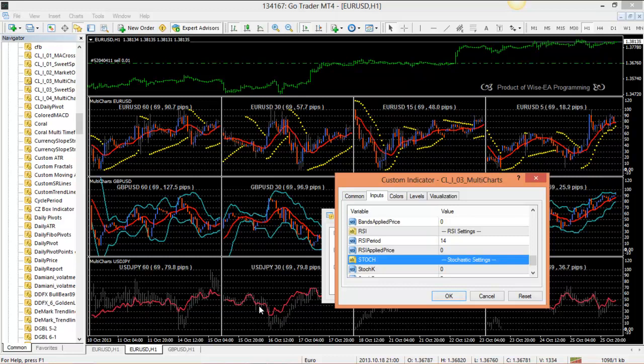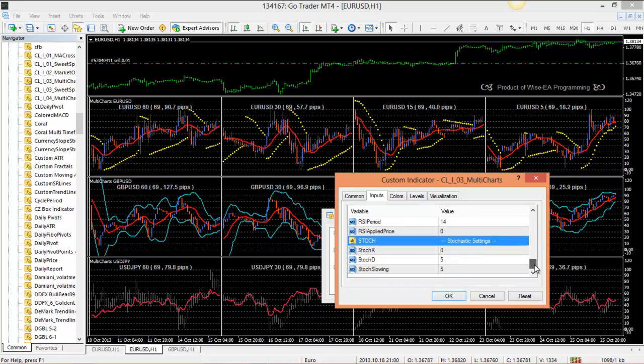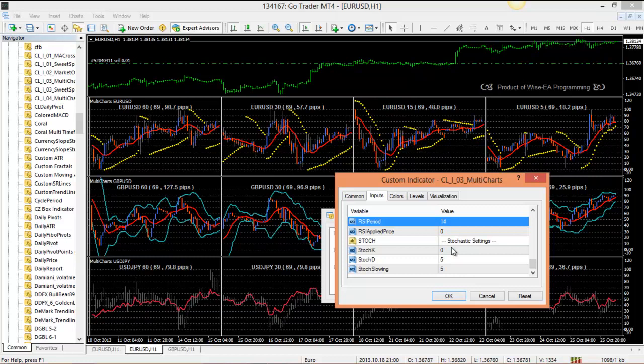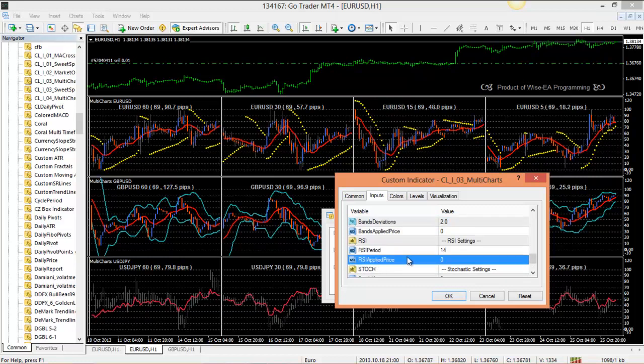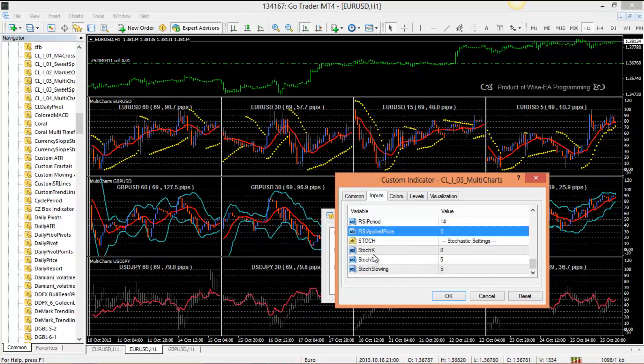It has nothing to do with price, and their values always range between 0 and 100. In this case, for example, if this line is at the 70 level, it is its real reading. For example, on this chart, I'm displaying RSI period and price, stochastic KD slowing, and here I'm not displaying. Let's just make this 5.